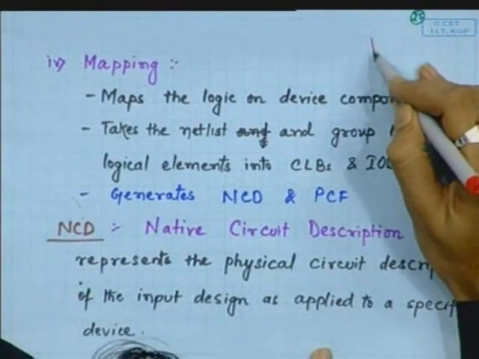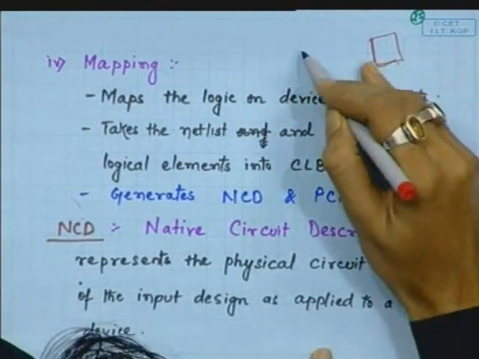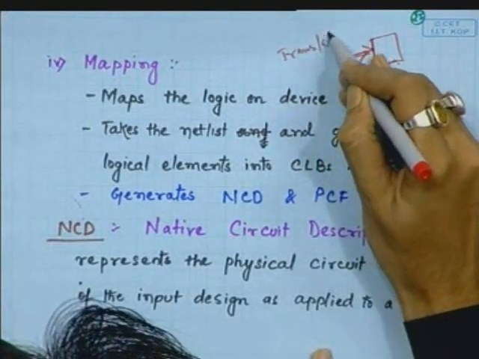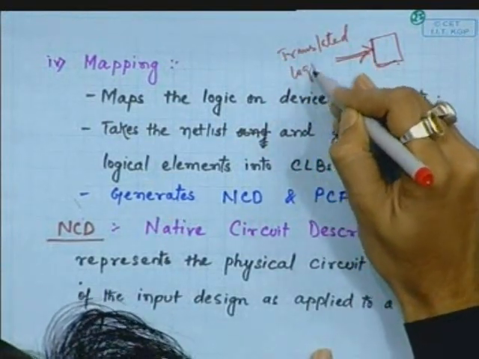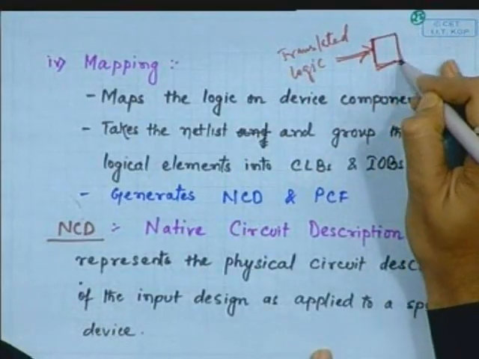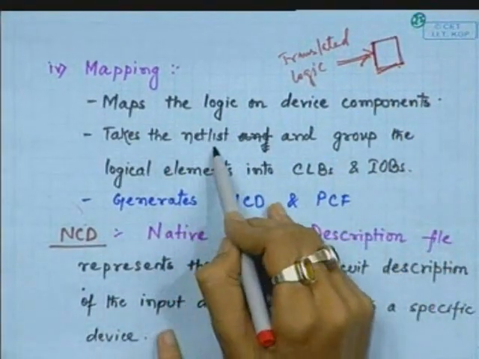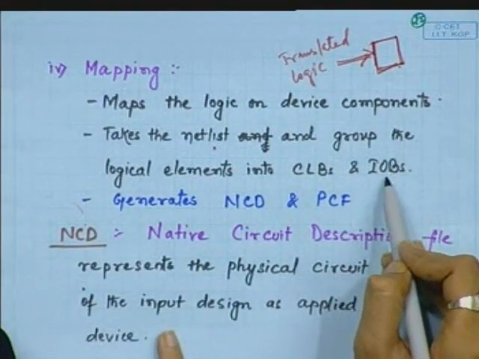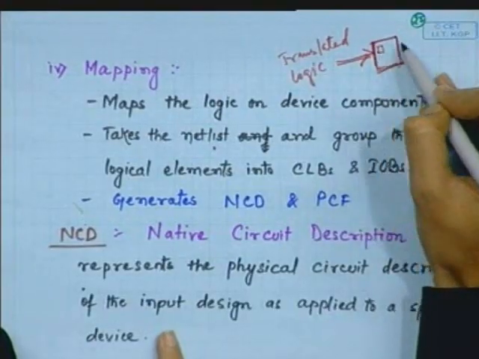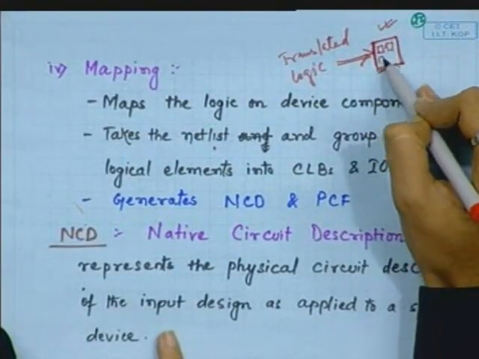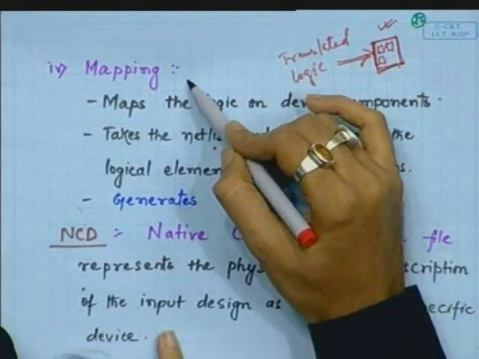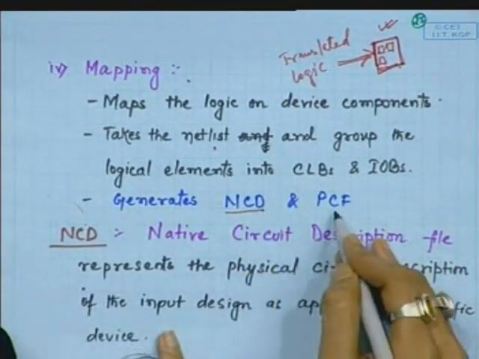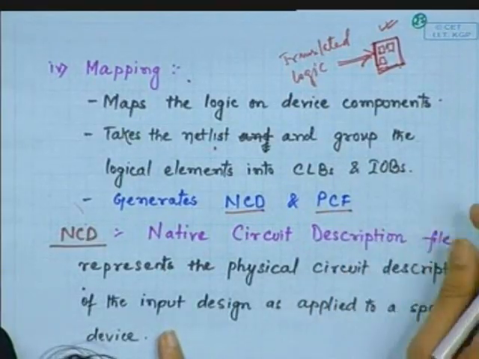Okay, given a device, it maps the translated logic to this device. It takes the netlist and groups the logic elements into CLBs and IOBs. Whatever information about this device's CLBs it has is used here. It generates the NCD file and the PCF file.